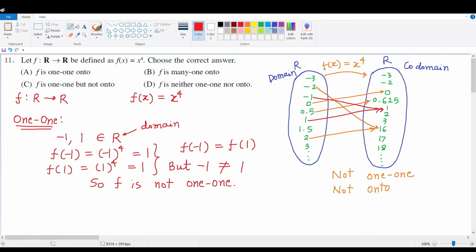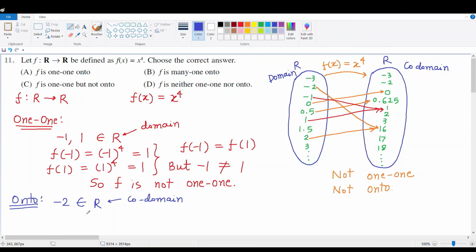Now we are going to show onto. For onto, we know that it's not onto. So again, let's take the counterexample. So we are going to say that negative 2 belongs to R. In this case, we are talking about the codomain, because for onto, we need to take an element from the codomain.